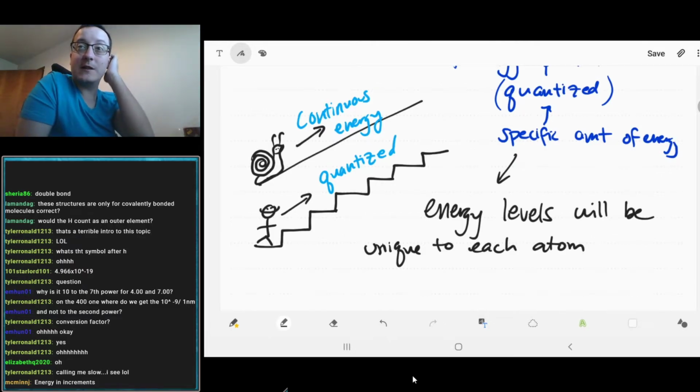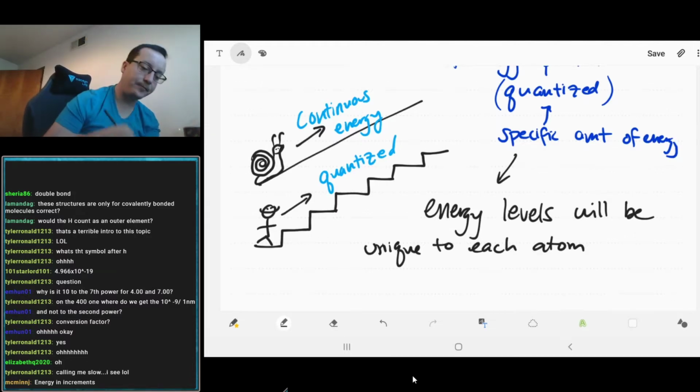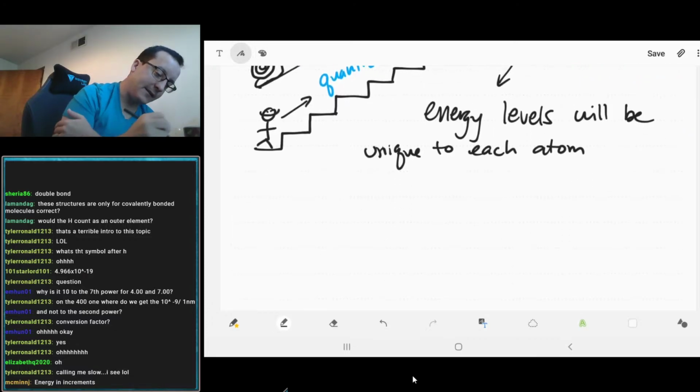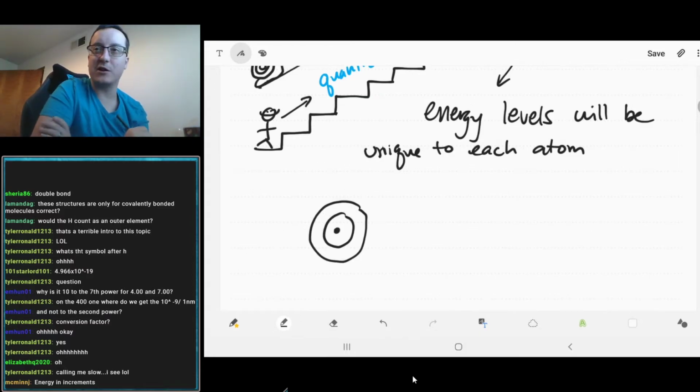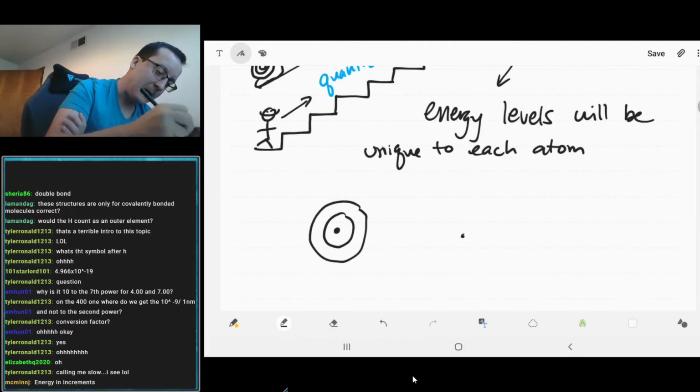Yes, exactly. So quantized means it's incremental energy, whereas something that is continuous energy would just be not quantized. And so we have our old idea of atomic structure. This is called the Bohr model.